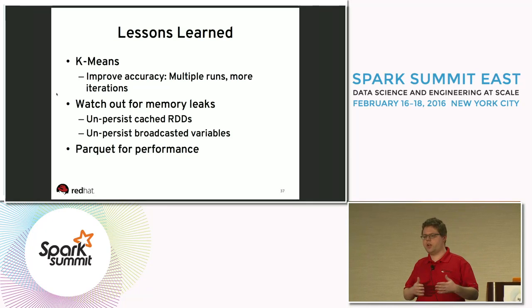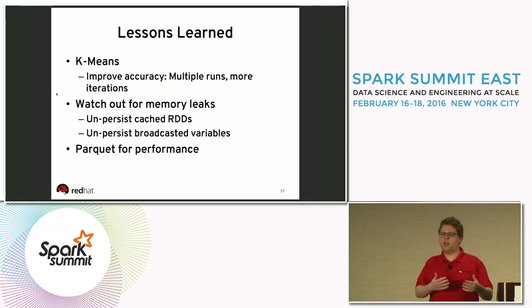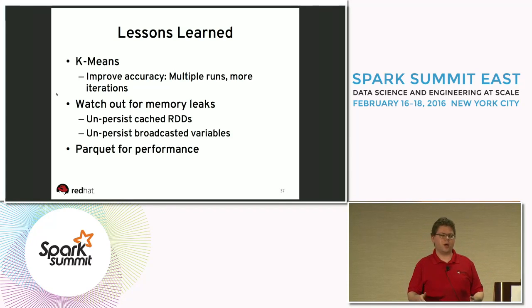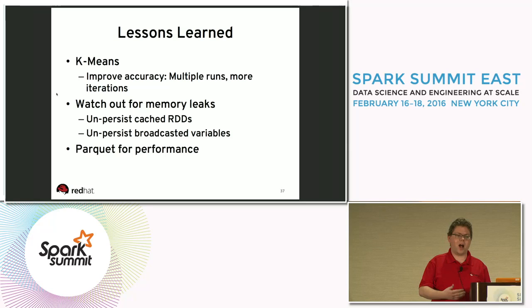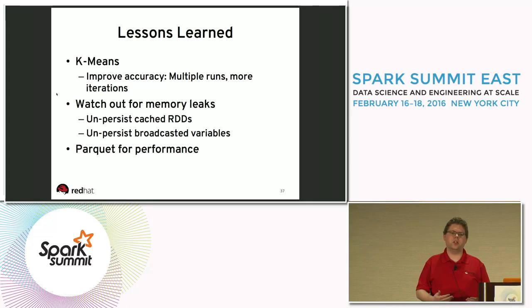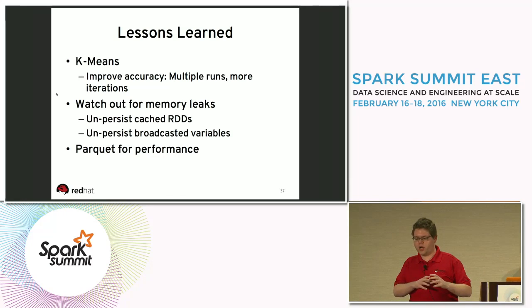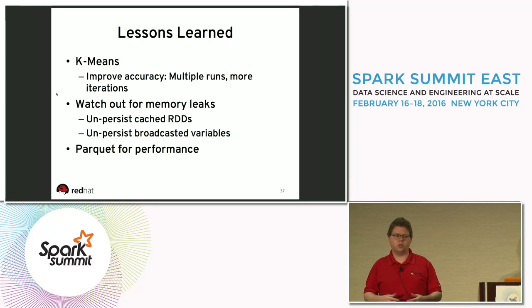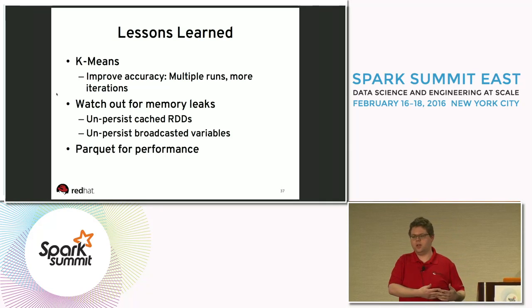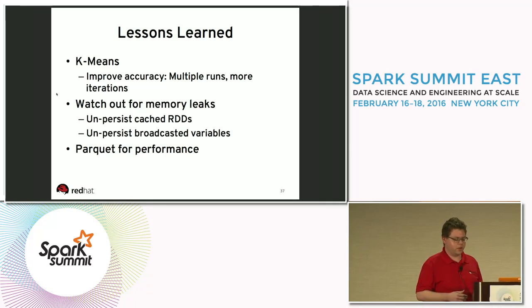We found that separating that component out from the rest of the pipeline and writing the results out to the Parquet file format significantly improved memory usage in the rest of the pipeline, since Parquet enables you to read only the data you need, and Spark data frames are optimized to read only the data you need using Parquet's capabilities. Prior, when we tried to do it as a single pipeline, we would run into out-of-memory issues. It would be much slower because Spark would start running out of memory and start doing garbage collection to evict things from the cache. So by doing it this way, we significantly improved our performance.